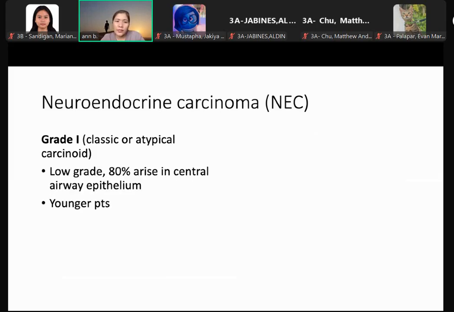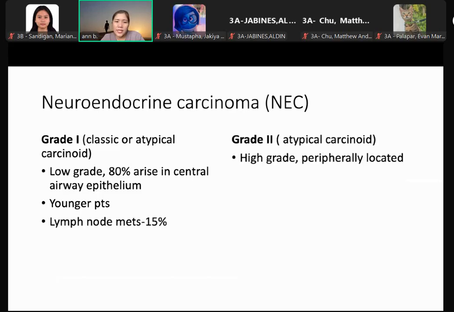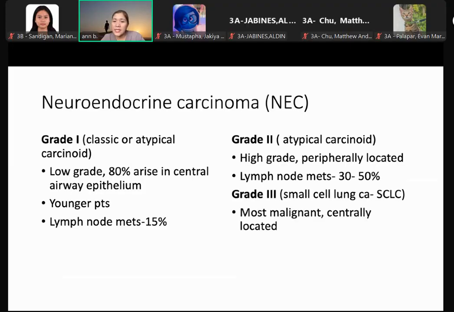The neuroendocrine carcinoma, again, this is just a nice to know. We have the grade 1 or the low grade in younger patients. Lymph node mets is common. Grade 2, high grade, peripherally located. Also, we have lymph node mets, but this is just a nice to know. I just want to show you that neuroendocrine tumors are graded accordingly, and the higher the grade, the more problematic. So, grade 3, mostly malignant, centrally located.